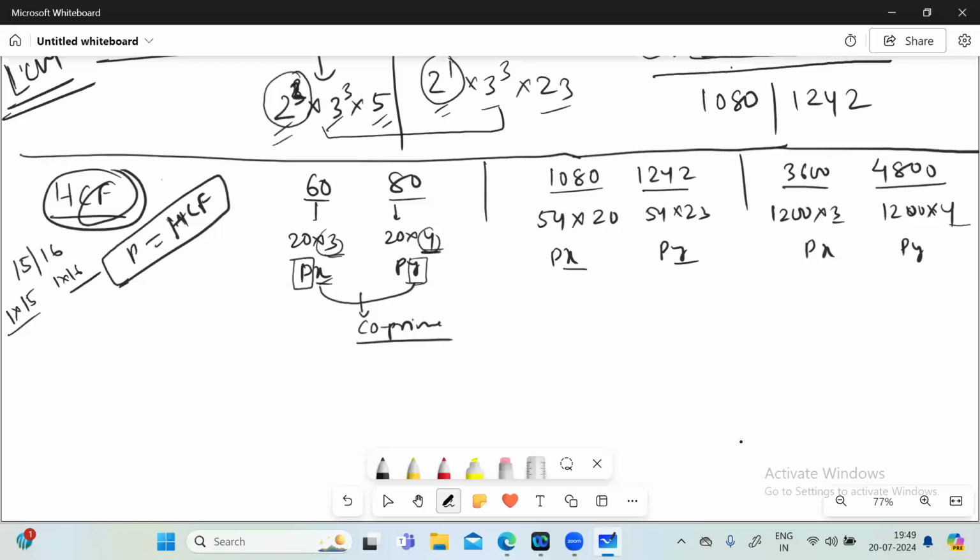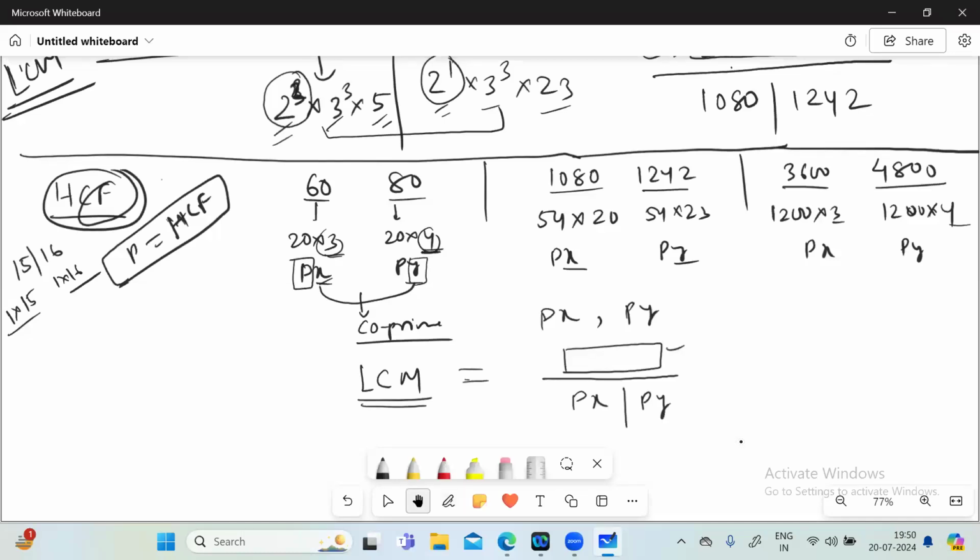And now if you want to find the LCM of these two numbers, or any two numbers which are being represented as Px and Py. So Px and Py, what we mean here is that we need to find a number which can be divided by Px and Py both, and it should be smallest in nature, because you need to find LCM, lowest common multiple.